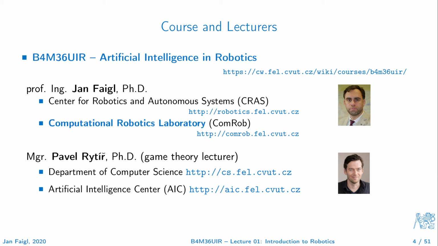In case you have any questions regarding artificial intelligence or robotics, ask me or Pavel, and we can point you to some of our colleagues. If you are interested in working in the labs as well, just ask, and we can point you to a particular research group at the Charles Square campus.